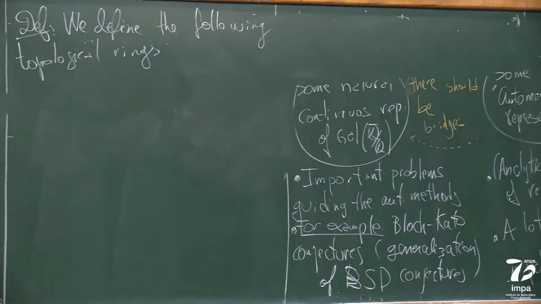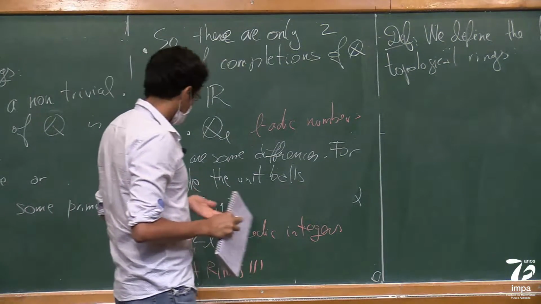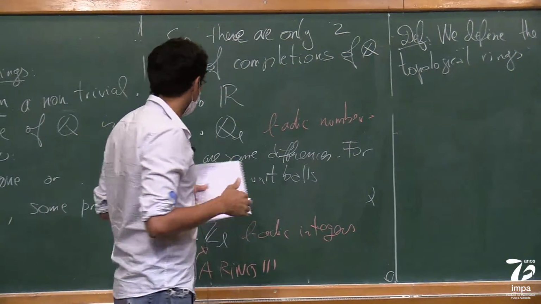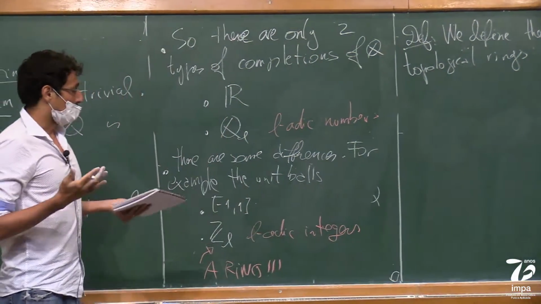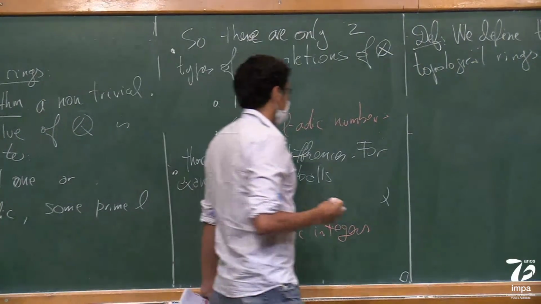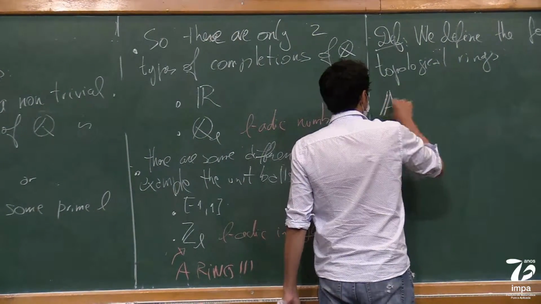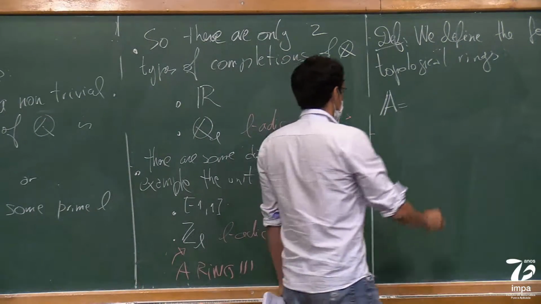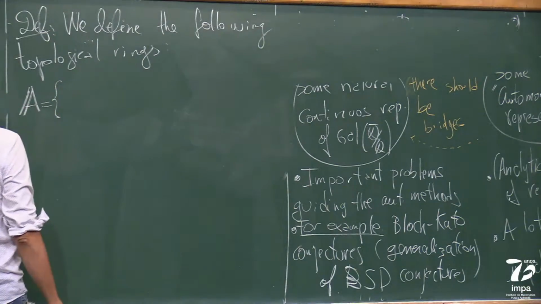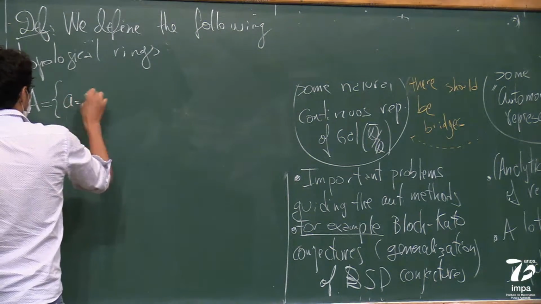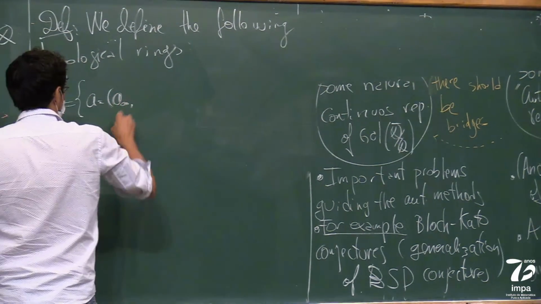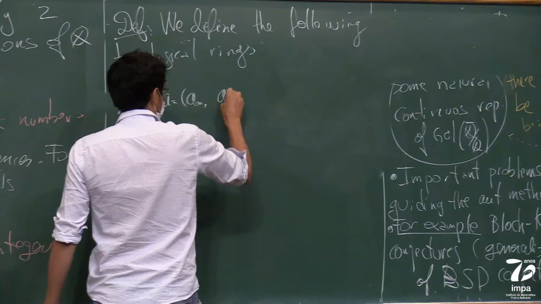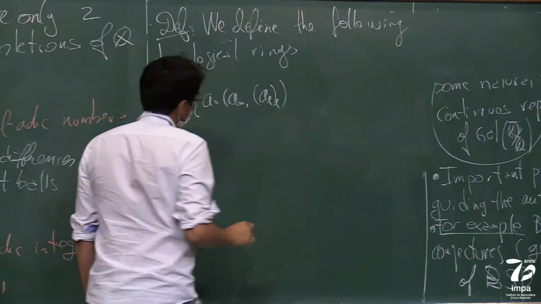The idea is that you want to put all this information together, but there is some issue with the topology. You would like to take just the product of them, but you need to do some modification. At the end, morally, you are taking just the product of them. You consider A to be the tuples with some infinity component and some finite components at primes.